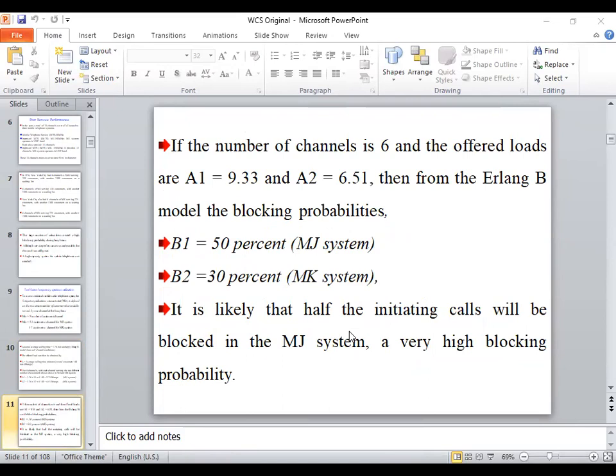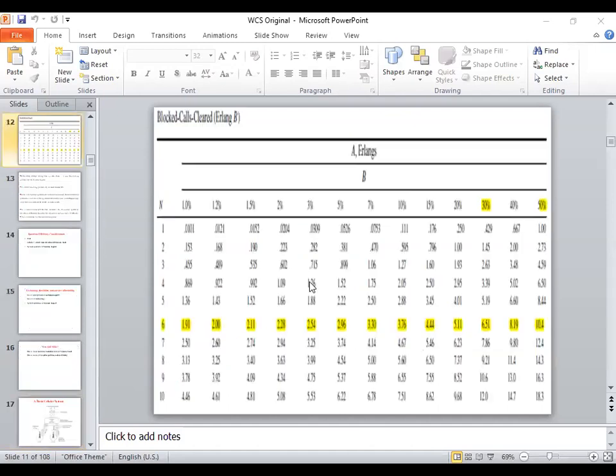And if I follow the Erlang B model, I will show you a table. You can see this is the Erlang B model. For number of channels 6, 10.4 is at 50% blocking. Blocked calls cleared means the calls which are blocked are cleared.